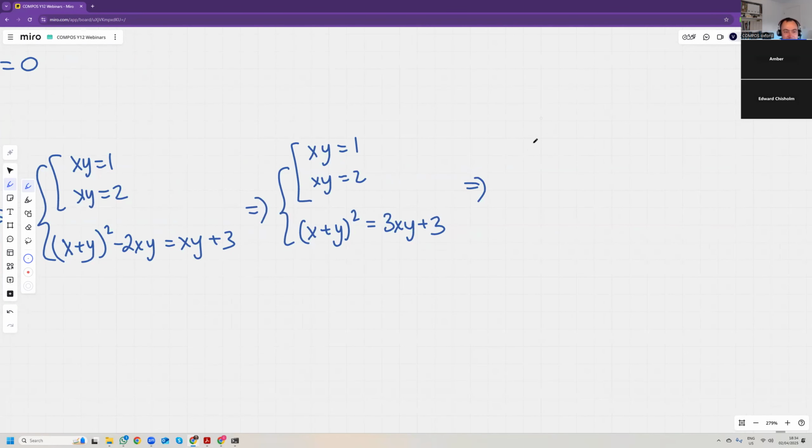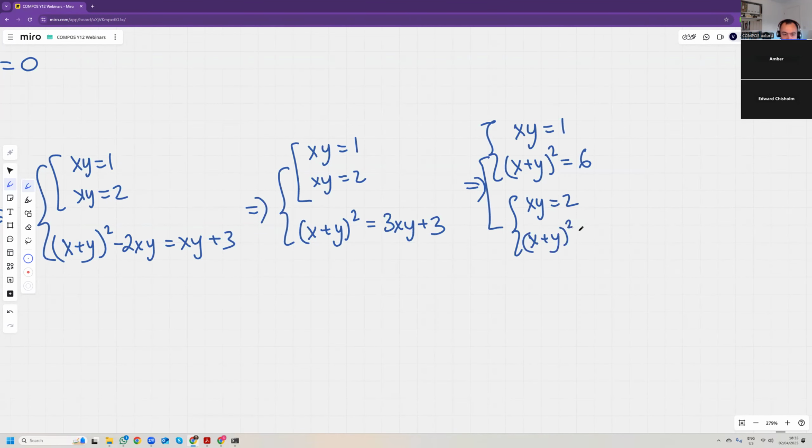So we have xy equals 1 and (x plus y) squared equals, well, we substitute 1, so that's 3 plus 3, 6. Or we have xy equals 2, and that is 6 plus 3, 9. So (x plus y) squared equals 9.